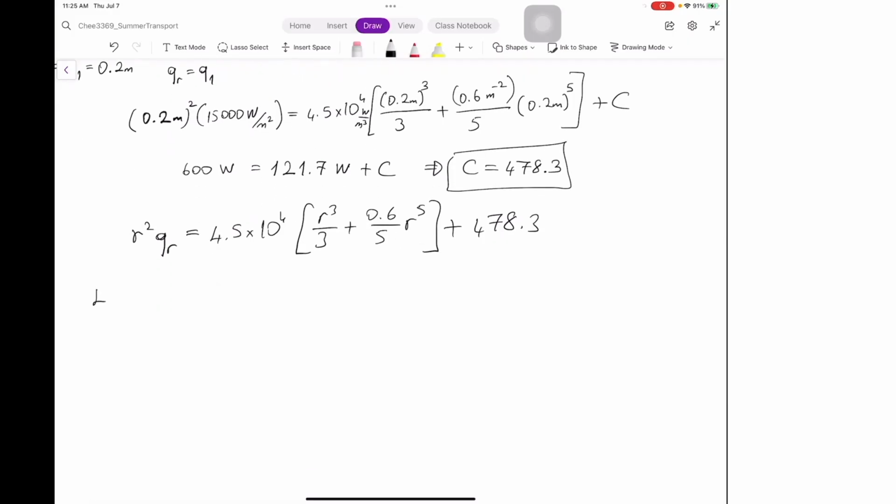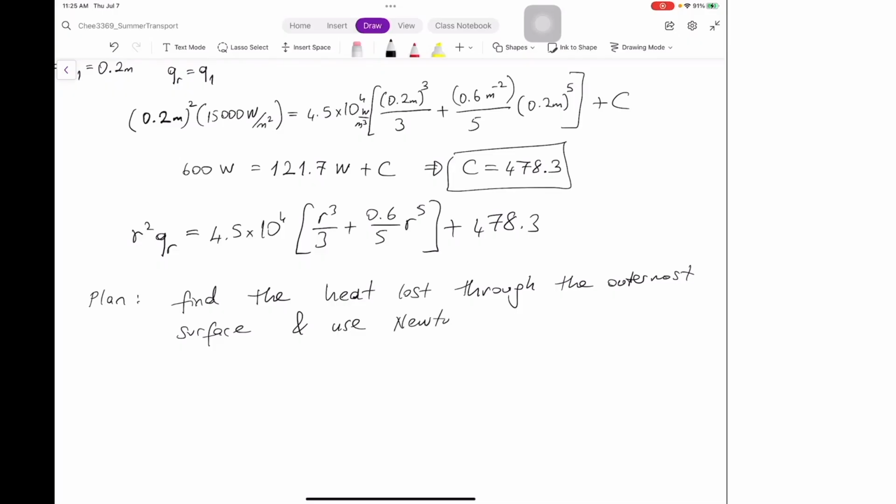So the plan is: find the heat lost through the outermost surface and use Newton's law of cooling to find the temperature difference, T surface minus T infinity, and thus T surface.